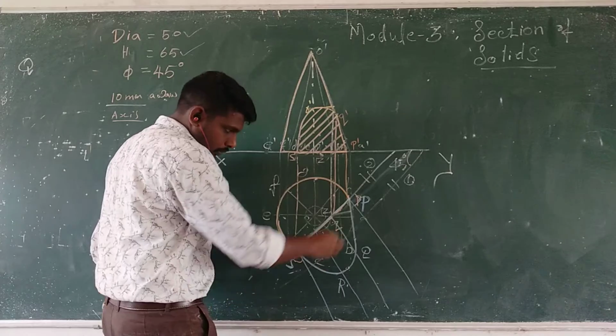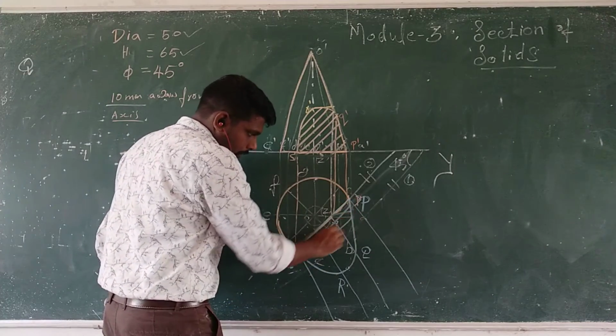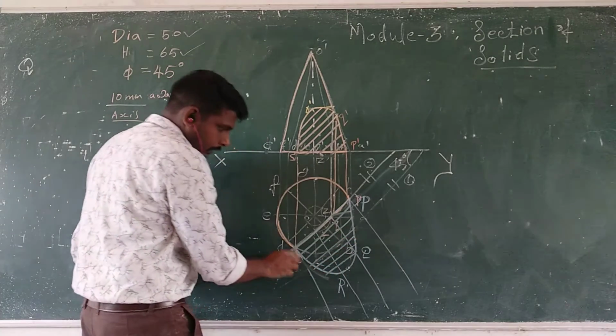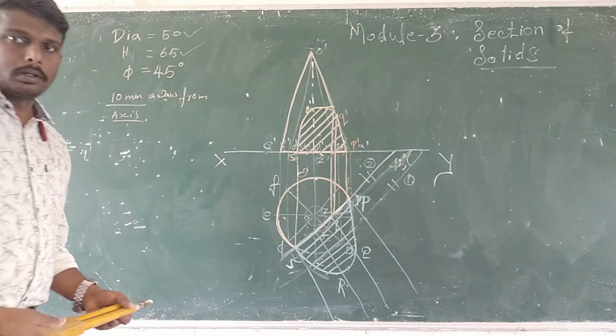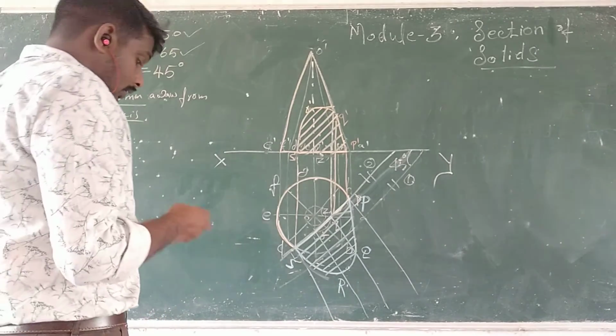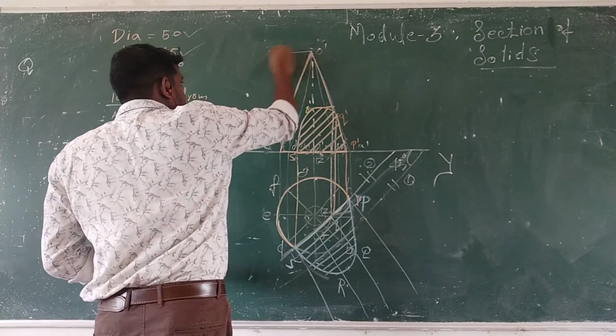And we should draw the section, the point. Clear? Thus we complete the problem. We should draw the notations and dimensions clearly.